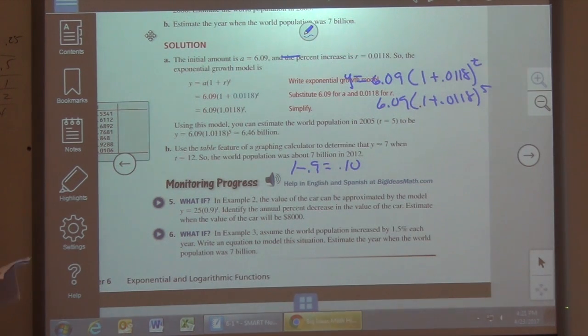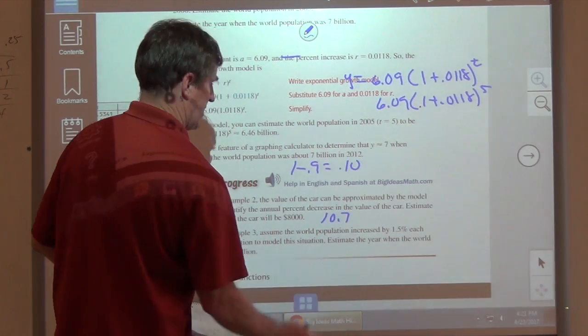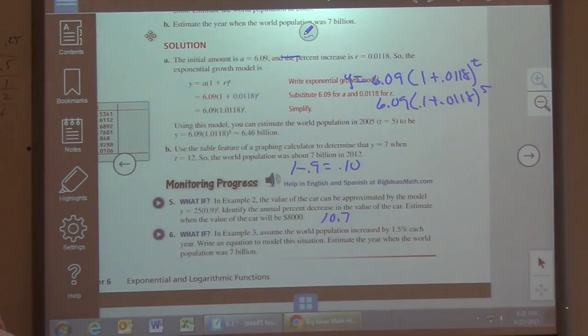And so now we know it's going down at 10%. Then they want you to identify when it'll get to 8,000, and if you plug that in, hopefully you got that it was 10.7, or about 11 years when the car would get to the value of 8,000.